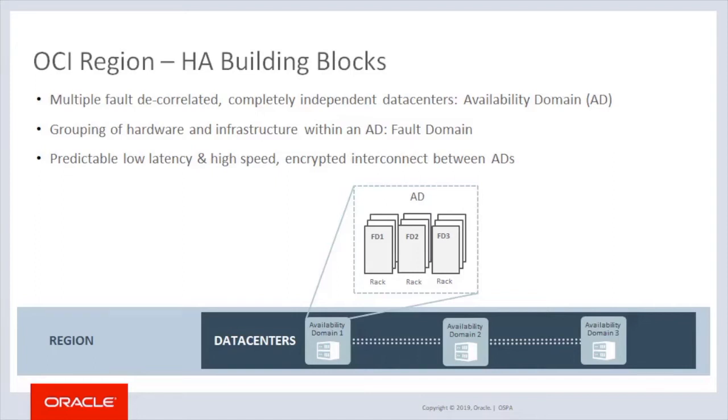To control the placement of your compute, bare metal DB system, or virtual machine DB system instances, you can optionally specify the fault domain for a new instance at launch time. If you do not specify the fault domain, the system selects one for you. To change the fault domain for an instance, terminate it and launch a new instance in the preferred fault domain. Use fault domains to: number 1, protect against unexpected hardware failures. Number 2, protect against planned outages due to compute hardware maintenance.